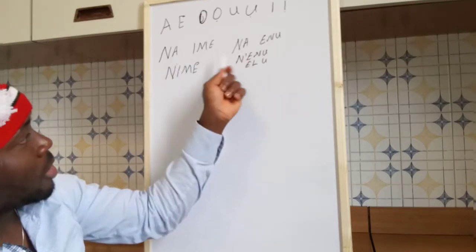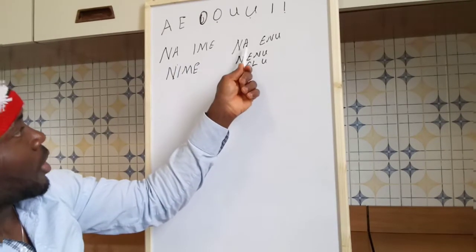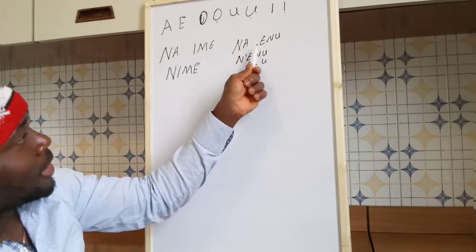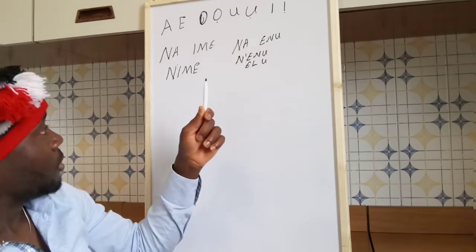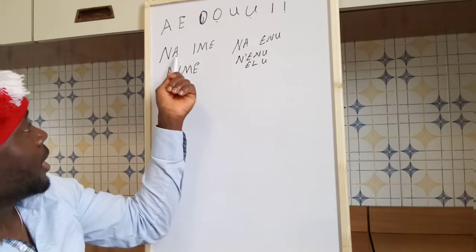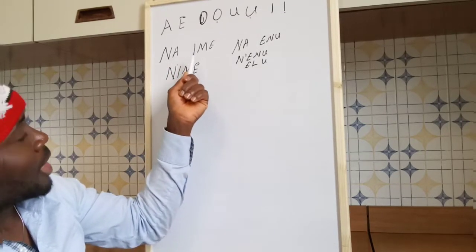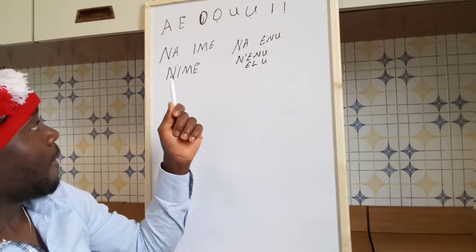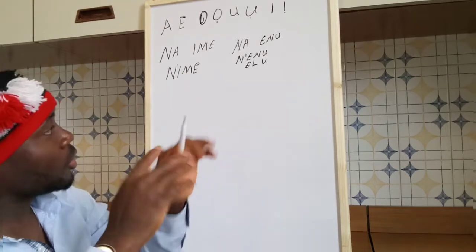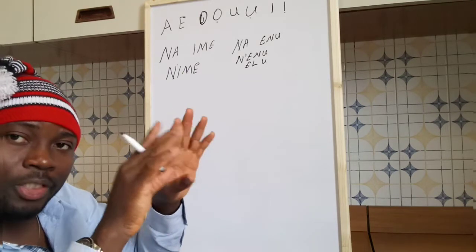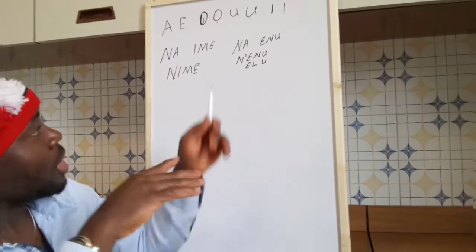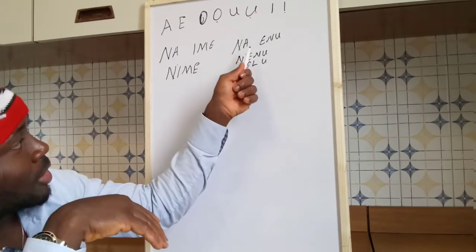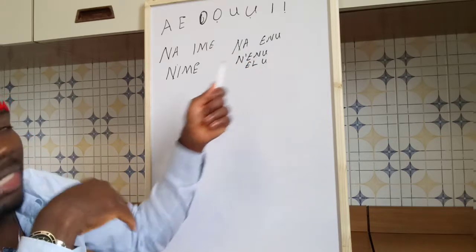Because A and E are two vowel sounds. A and I are two vowel sounds as well. So you don't leave two of them side by side together. You remove the first one, and bring the other together.